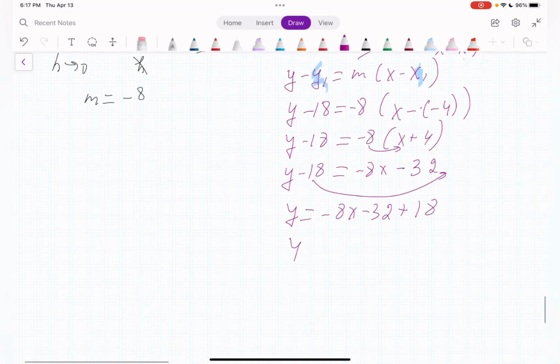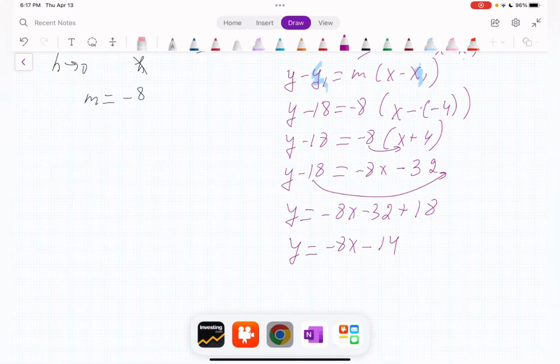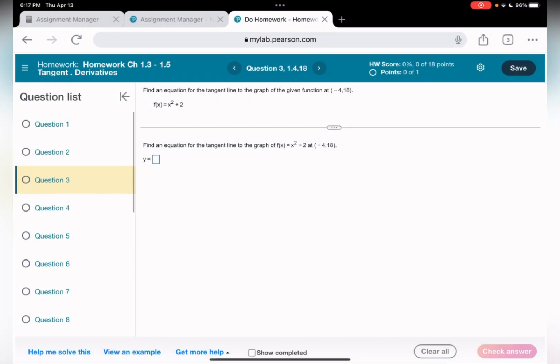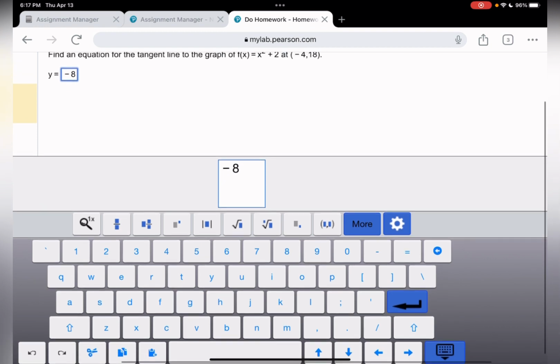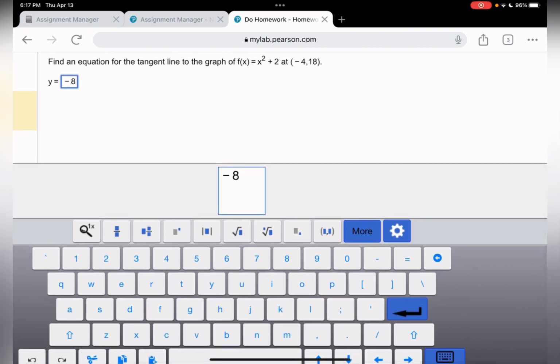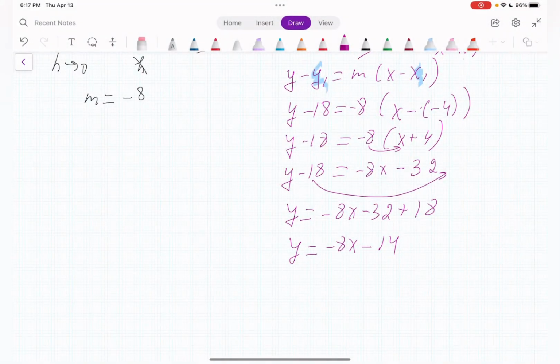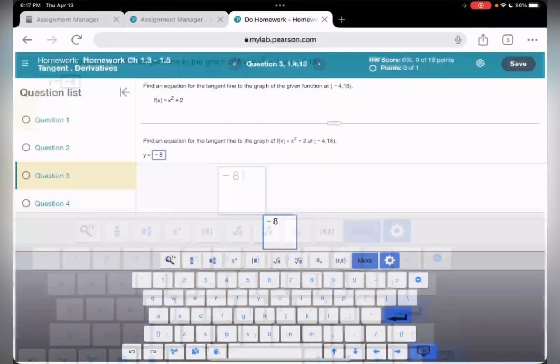The result is y equals negative 8x minus 14. Minus 14, I'm sorry.